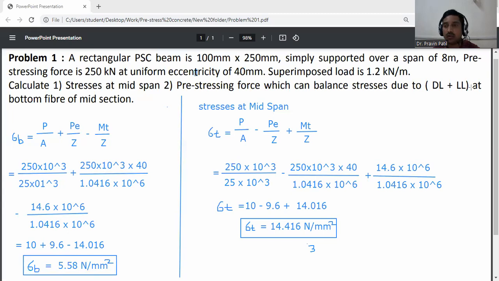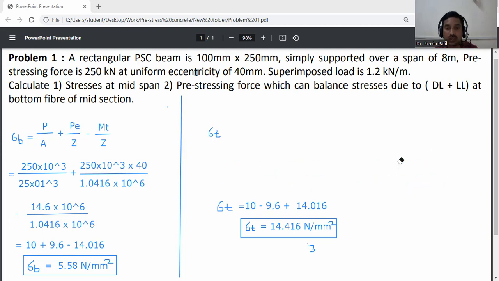Okay. So now draw the resultant stress diagram. That is the cross section of the beam. This is the position of the tendon, and this is the neutral axis of the beam.